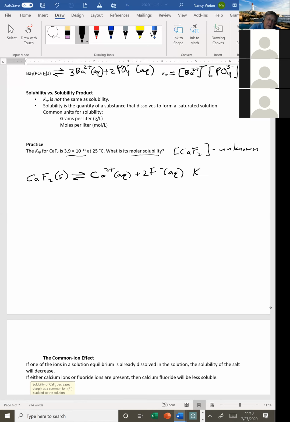So my KSP is going to equal that. Okay, let's do an ice table.